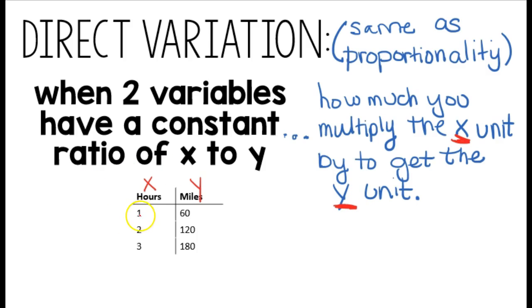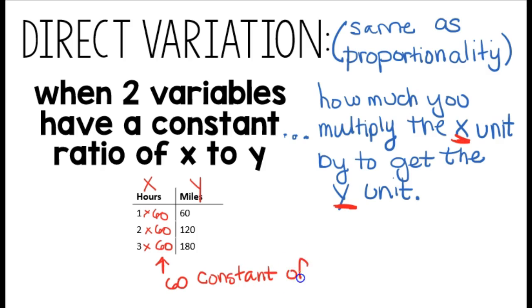Well, right here, if we have 1 hour and 60 miles, this is 1 times 60 to get 60 miles. 2 times 60 to get 120 miles. 3 times 60 to get 180 miles. So you can see right here we have two variables, and there's a constant ratio right here, 60. And what we call 60 is our constant of proportionality.